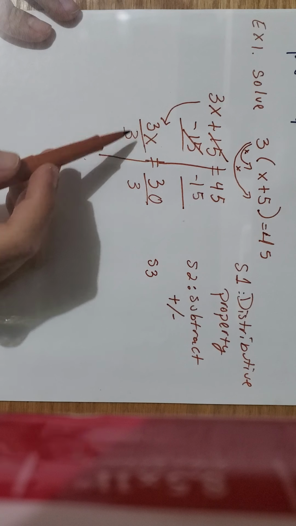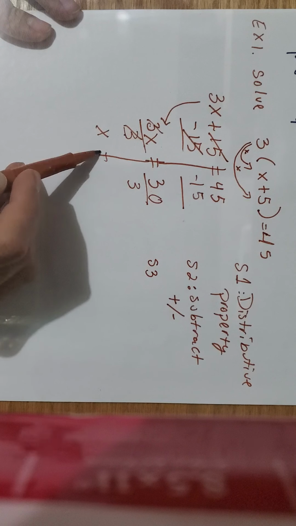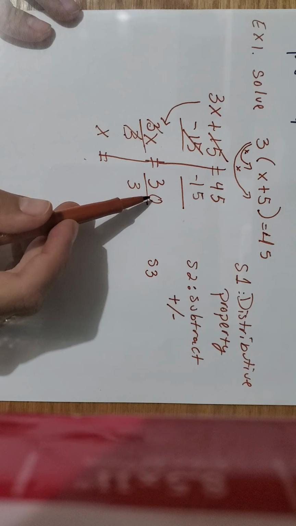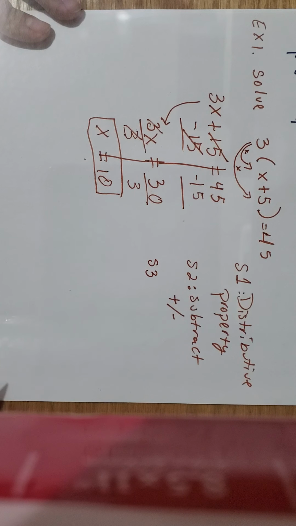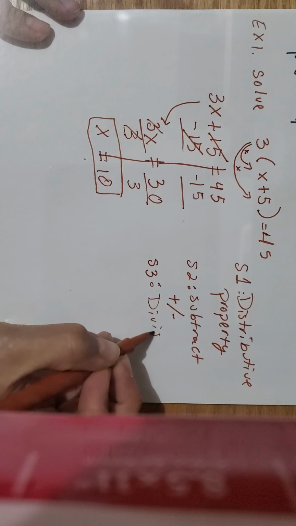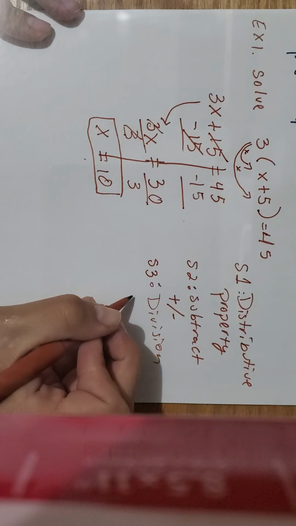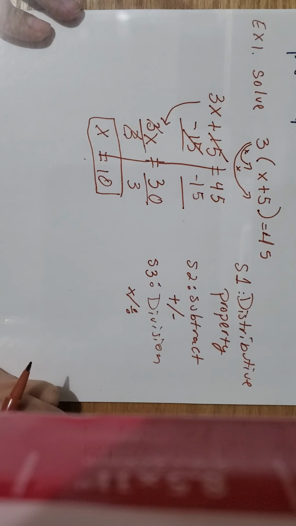When you divide 3 into 3, it's just 1x. And then 3 goes into 30 10 times. Okay, so step 3 was division, because the opposite of multiplication is division.